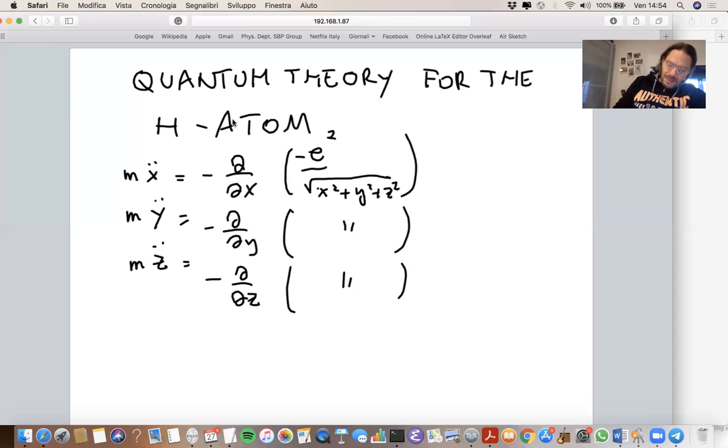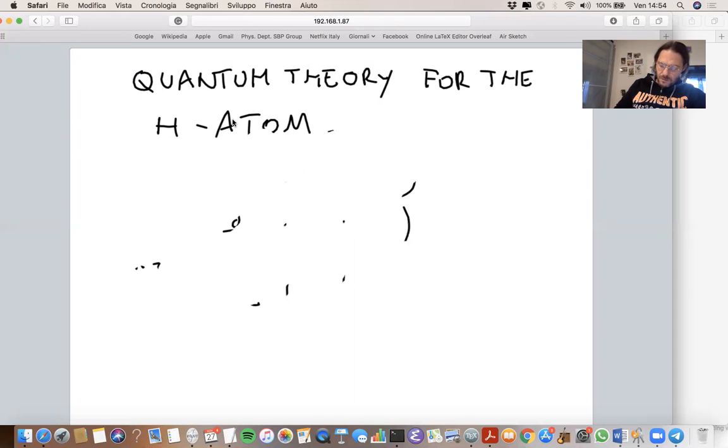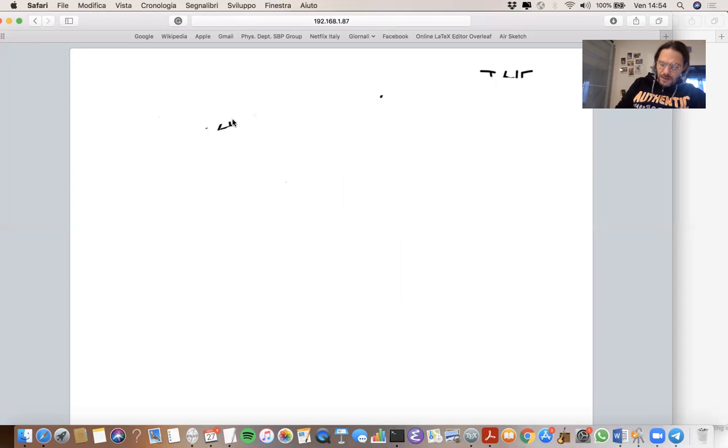So instead of attempting the strategy based on directly solving the equations of motion, what we did, maybe I completely erased the board, was to take advantage of the fact that in the central potential there is energy conservation.